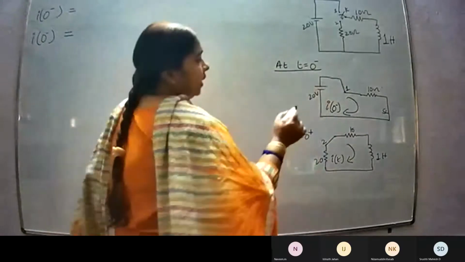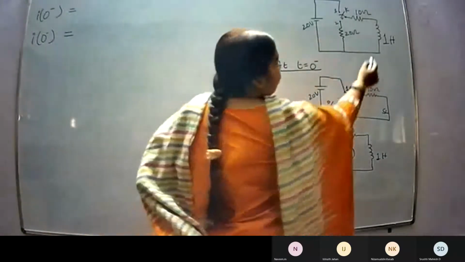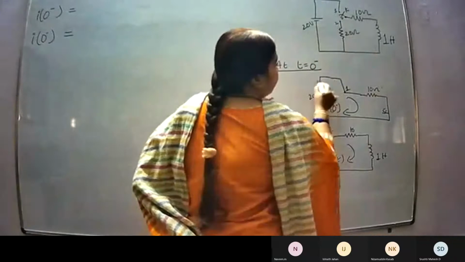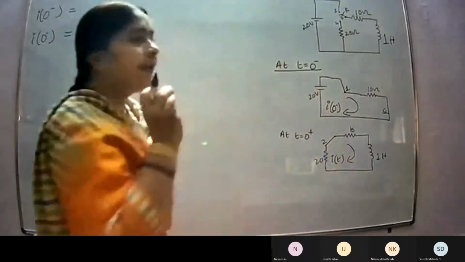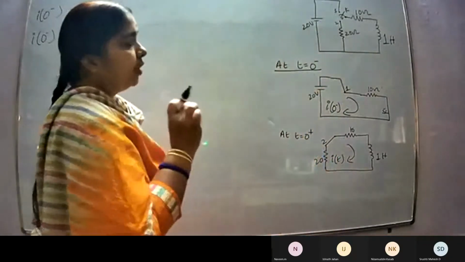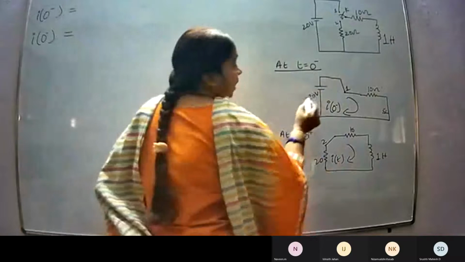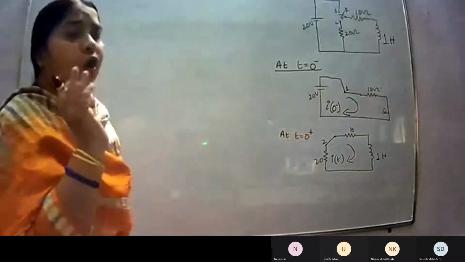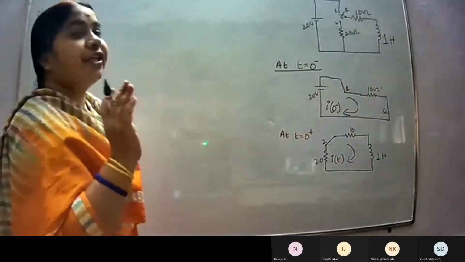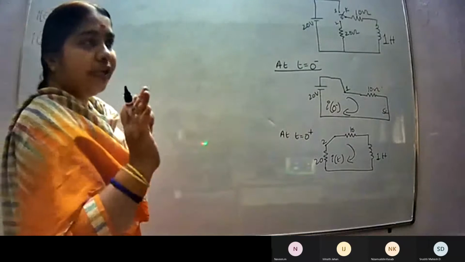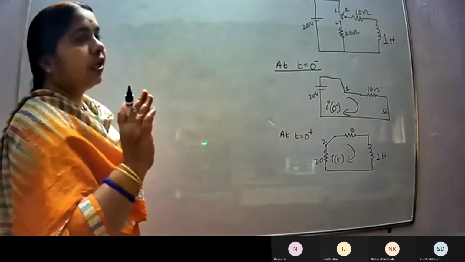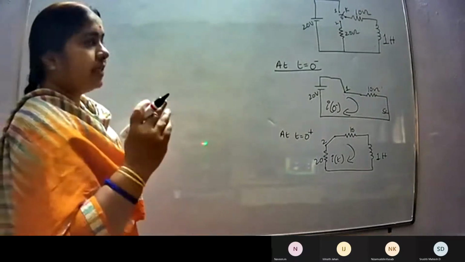Listen carefully. At position 1, the inductor is connected to the source. It is not like off. It is connected to the 20 volt source, and it was connected for a long time, so it has reached a steady state. It is not in a state of transient.